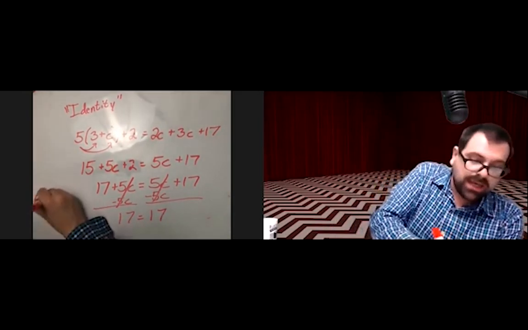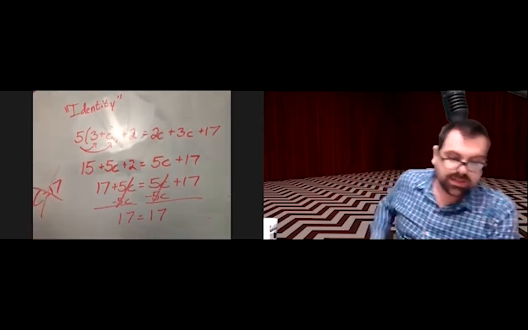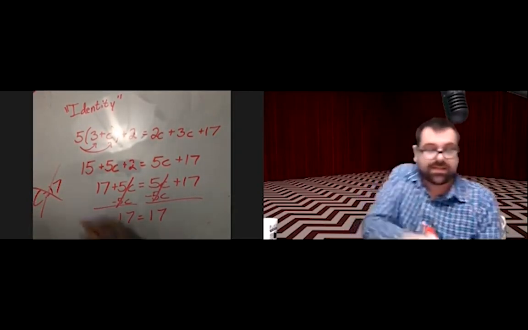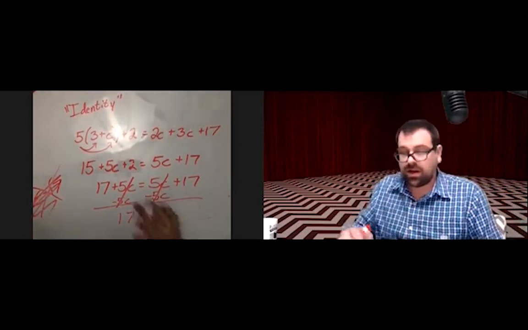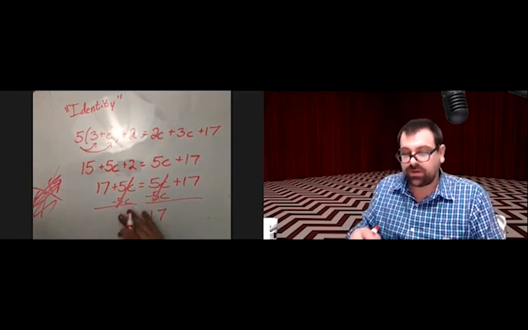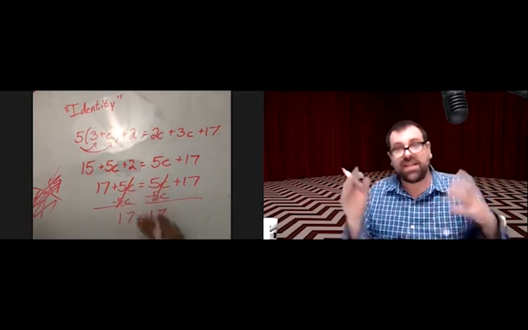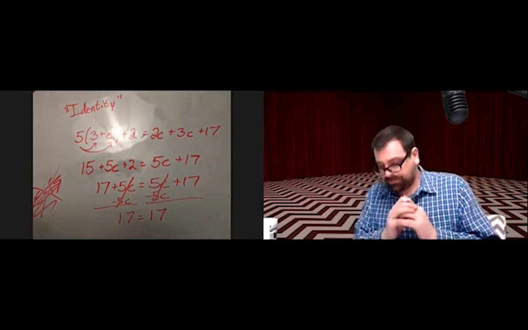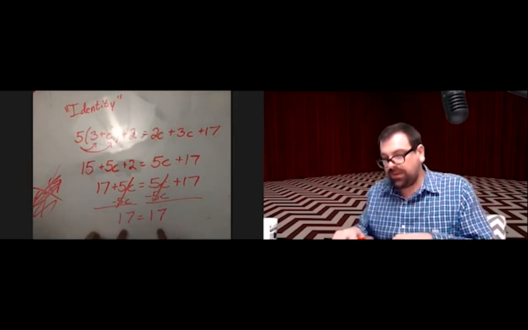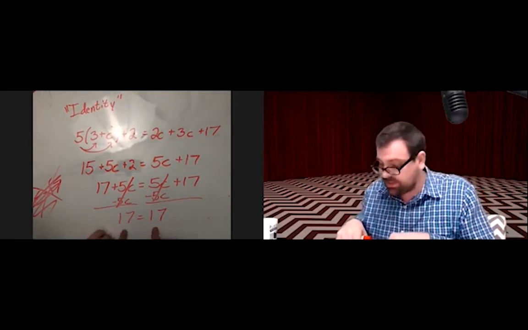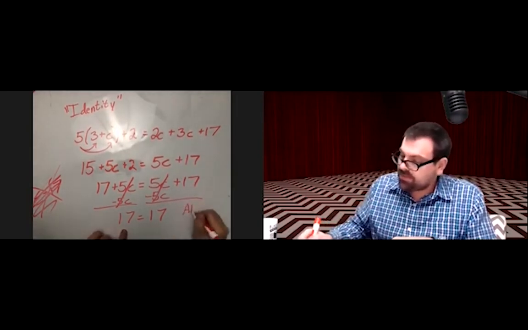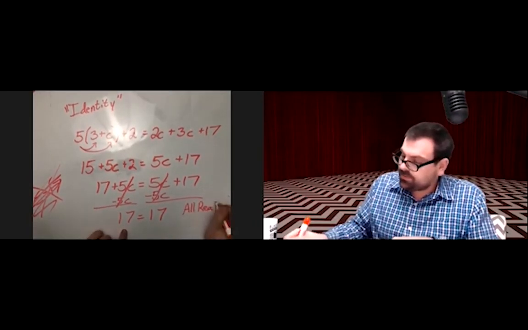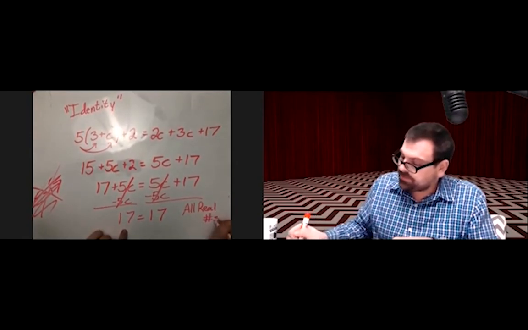This does not mean that the answer is c equals 17. There is no more c. The c's are gone. 5c minus 5c is 0c, 0. But we're left with 17 equals 17, which is an identity. When this happens, the answer is all real numbers.